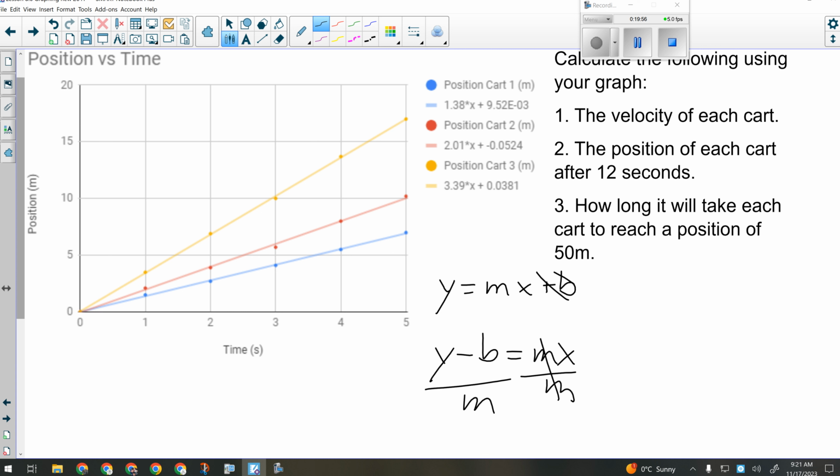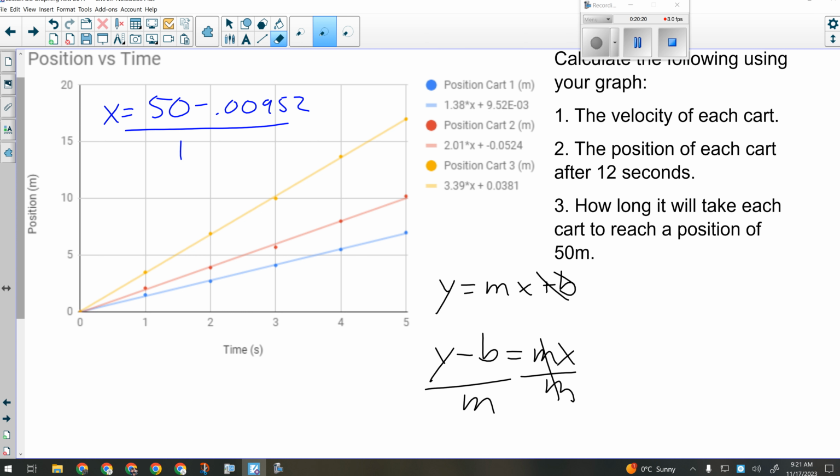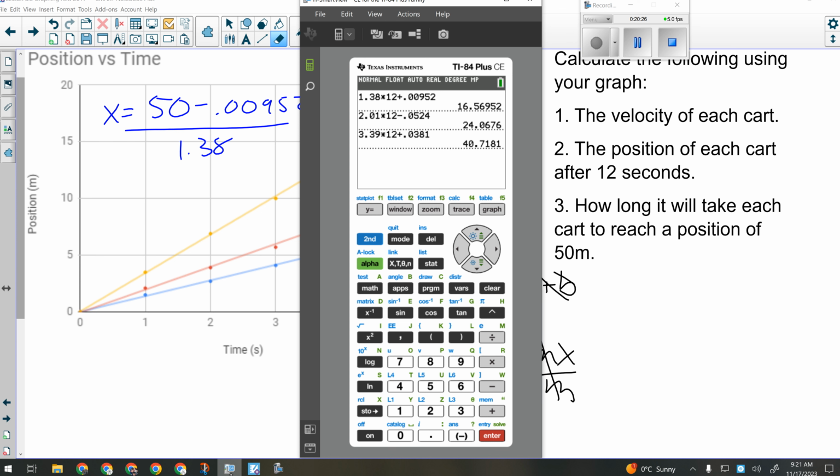All right, so now I've got to plug in my numbers for each one of the carts. So for the blue cart, x is going to equal 1.3, oh, sorry, no. That's got to go on the bottom. x is going to be 50 minus 0.00952, divided by 1.38. Now, this is something you have to be careful of.